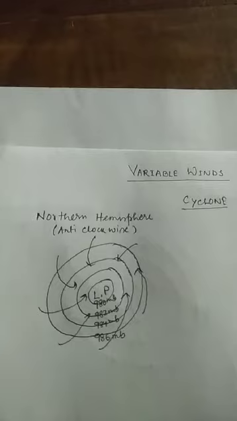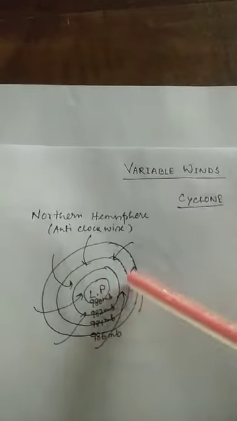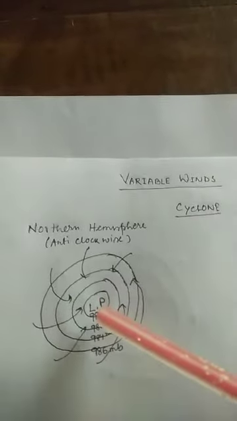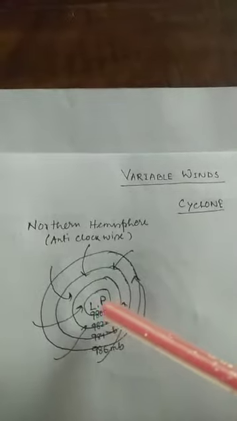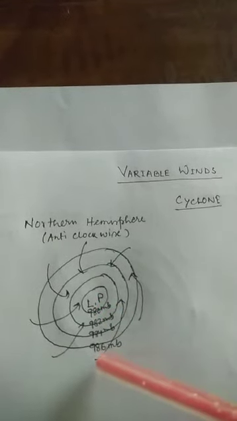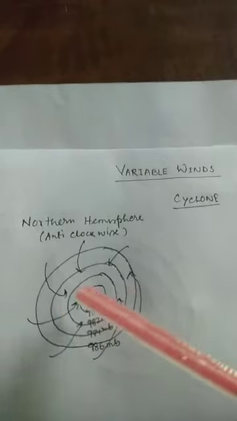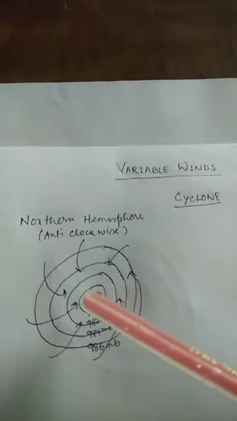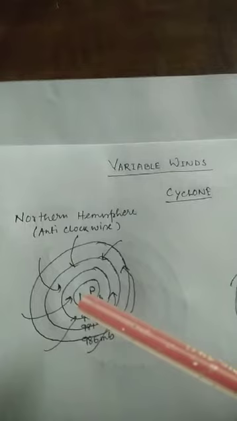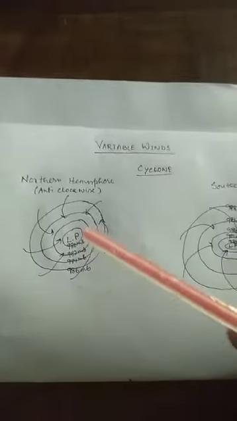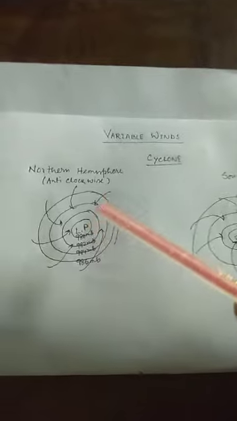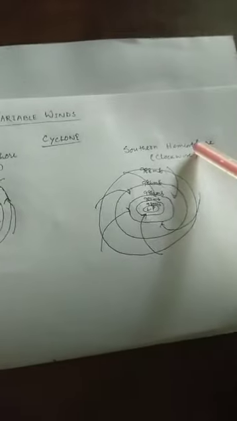That is why in a cyclone, you see here in the center there is a low pressure zone, and outwards the pressure is increasing. So the wind is coming to the center of this particular cyclone. This is cyclone. In the northern hemisphere the direction of the cyclone is anti-clockwise, and in the southern hemisphere it is clockwise.